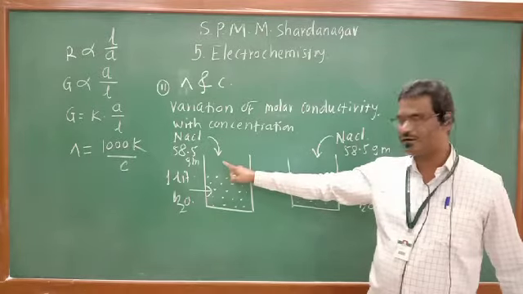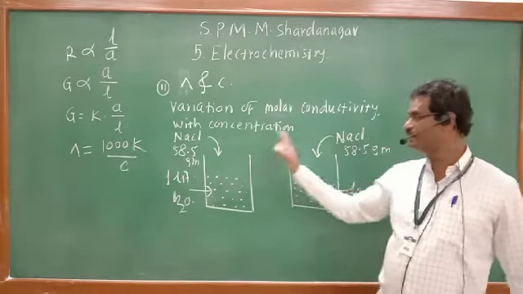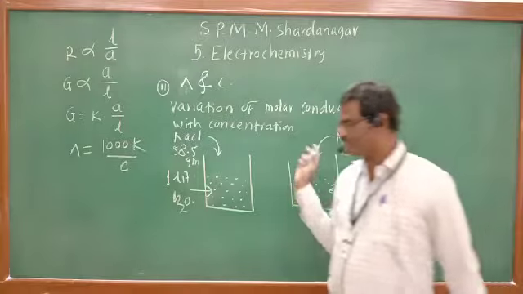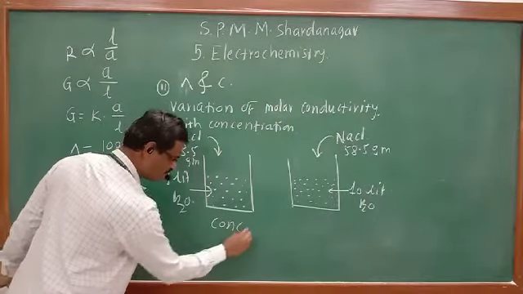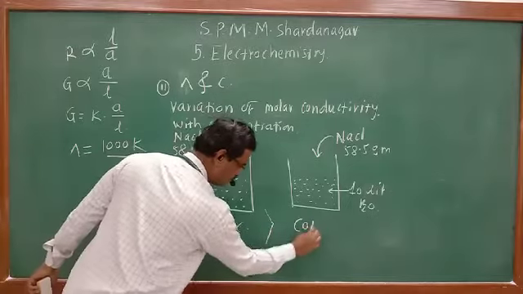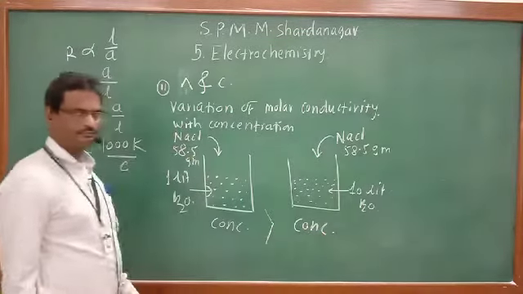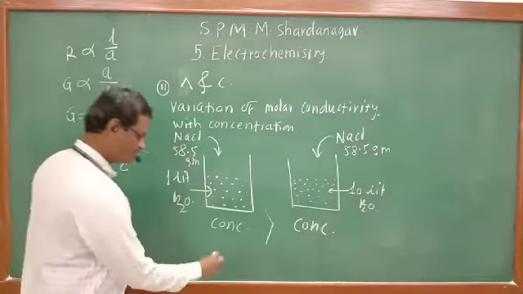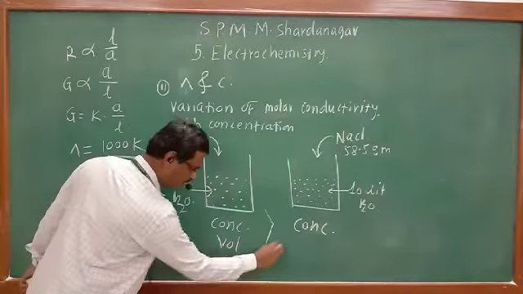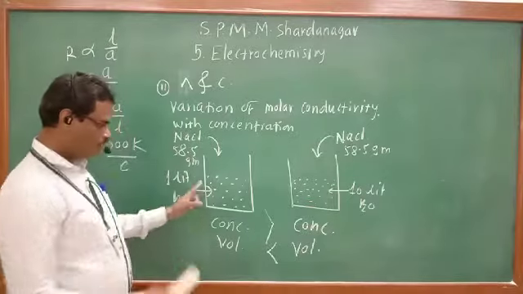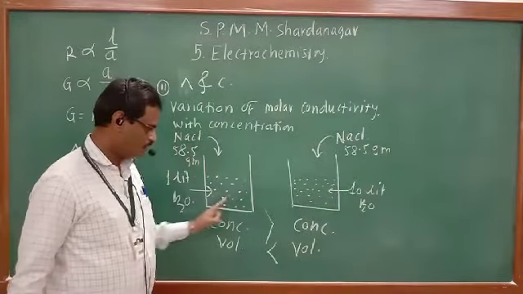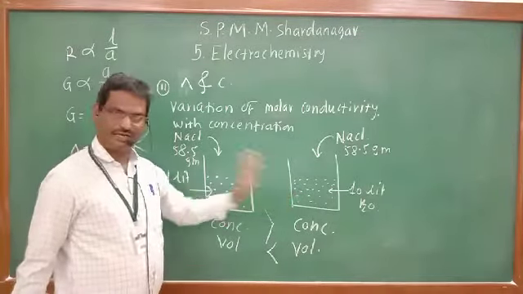Concentration of sodium chloride in the first case is greater than the concentration in second case. I am writing here this concentration is greater than this concentration because here volume is less than the second volume. Volume less, volume more. Concentration greater, concentration less.